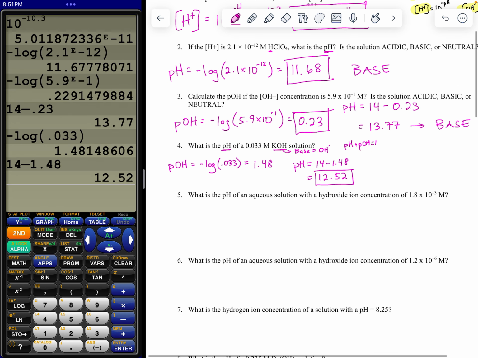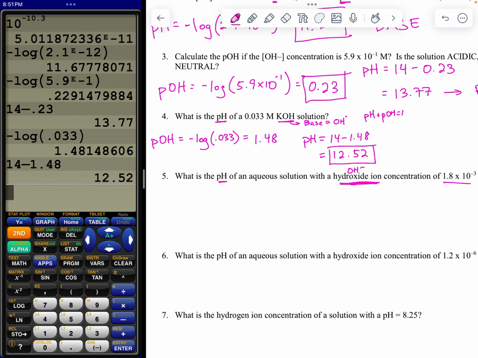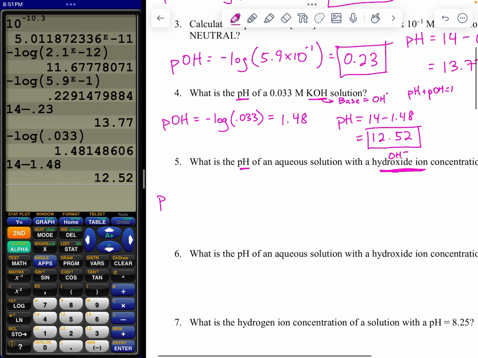What's the pH of an aqueous solution with a hydroxide ion concentration? So that's OH. Again, we're looking for pH, but we're given the OH concentration, so we find the pOH first.